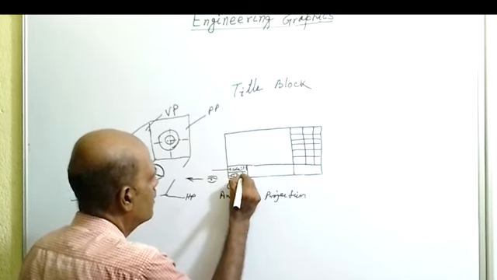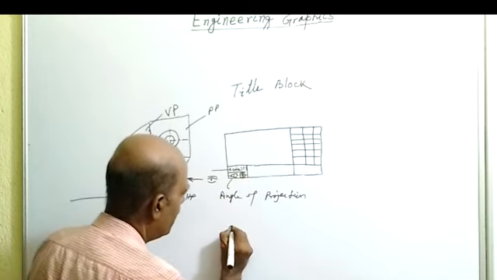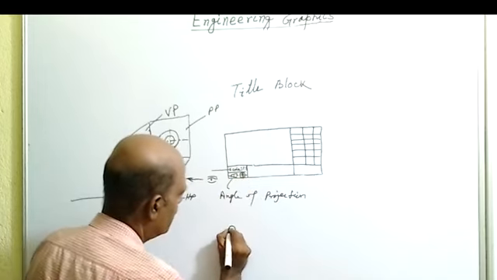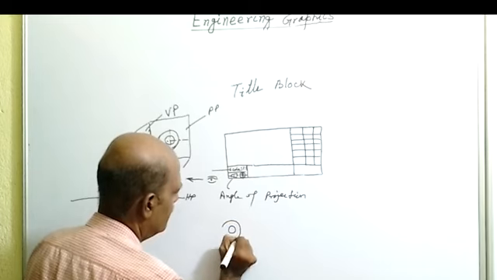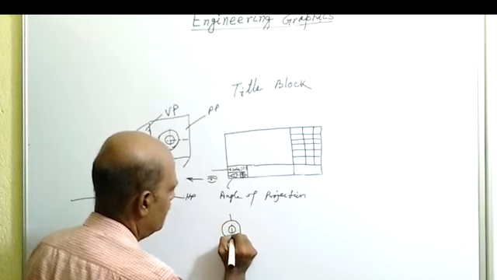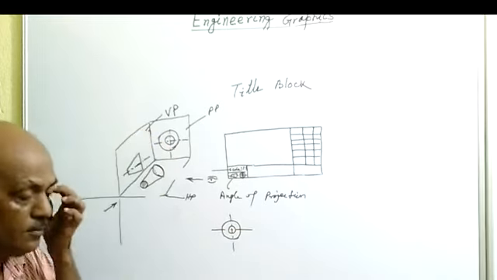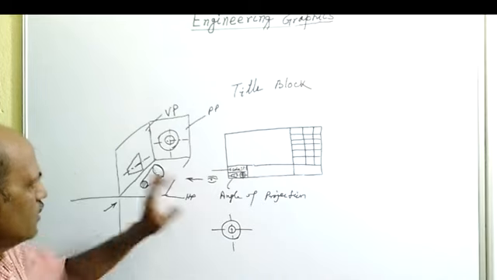First the smaller circle, then the larger circle. If we draw separately, it will be seen like this. This is according to first angle projection. Third angle projection I will discuss later.